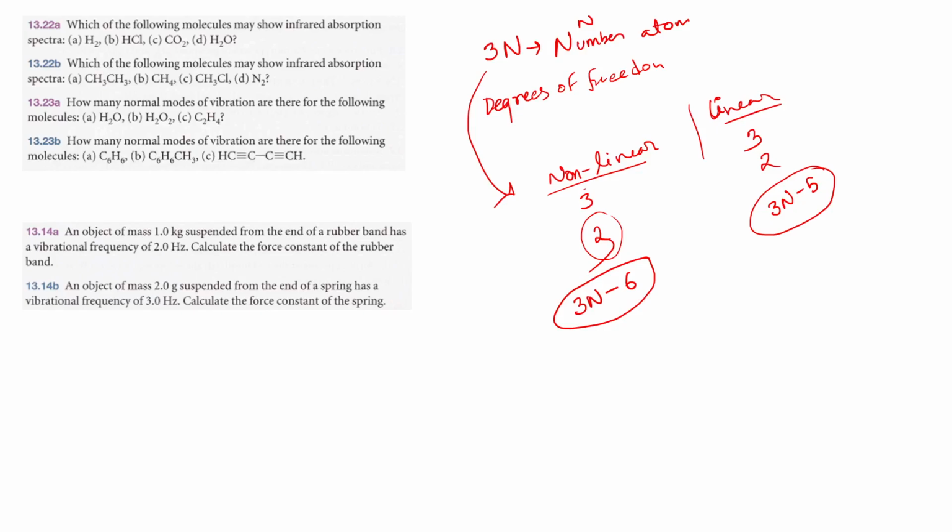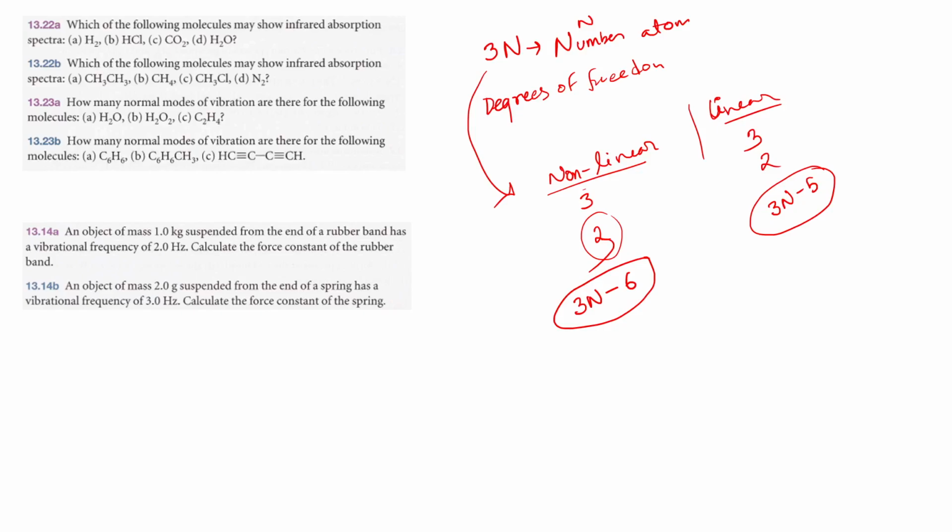Actually, why do they call them normal modes of vibration? Because they are not dependent on each other. They are normal to each other. If there are 3n minus 6 normal modes of vibration, they are not related to each other, and you can get a vibration from a linear combination of those 3n minus 6 modes.